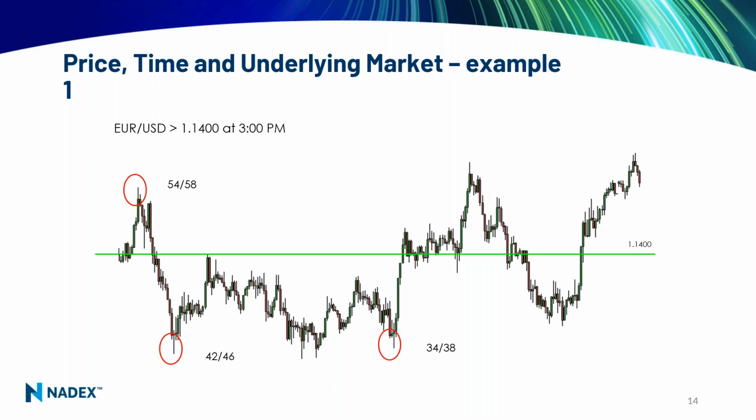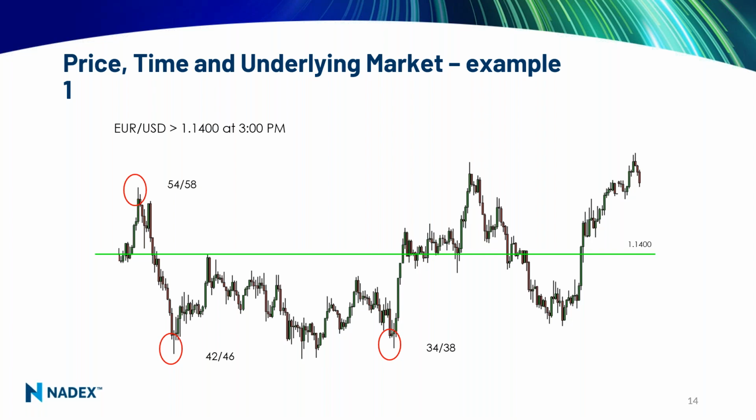Now you skip forward to about the middle of the day, and the Euro USD is roughly where it was earlier in the day, but notice that the probability has dropped to 36%. What has happened? That is time decay. Time has gone by.